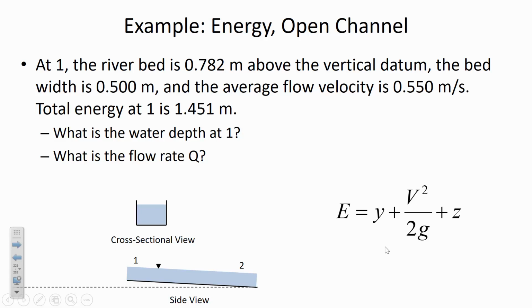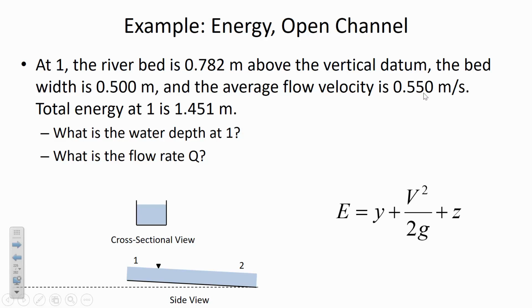Okay, so here's an example for us just to play around with the idea of energy. So what this example is saying is that we know at location 1 the elevation, so the Z term, is 0.782 meters above the datum. And we know the width of the bed, so the cross-sectional view tells us that this rectangular channel has a width of 0.5 meters.